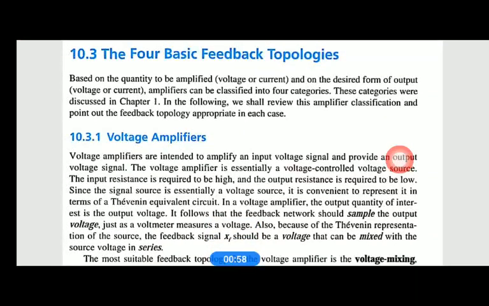Okay, so let's first see the voltage amplifier.